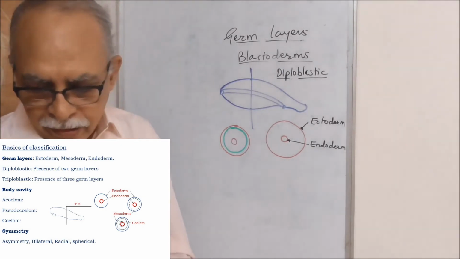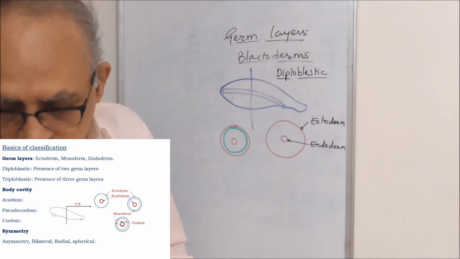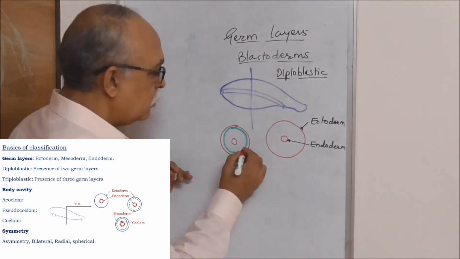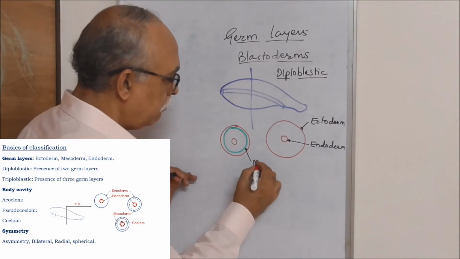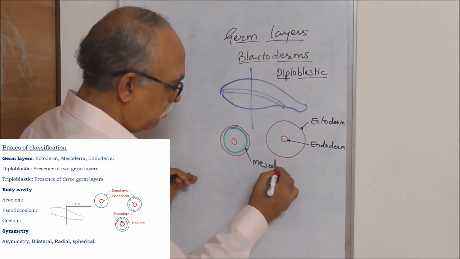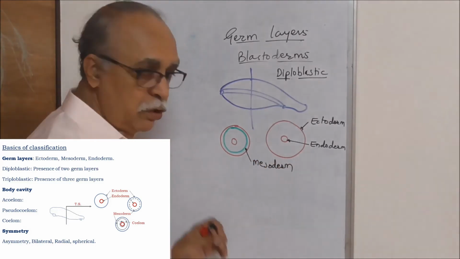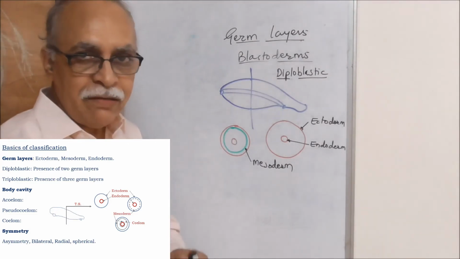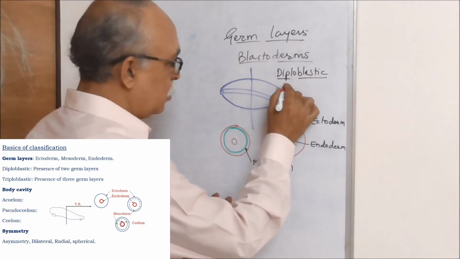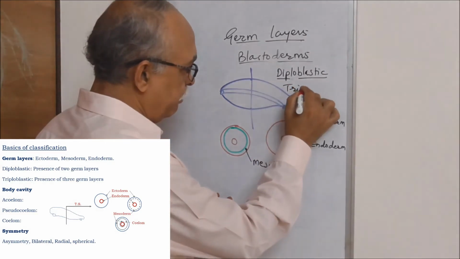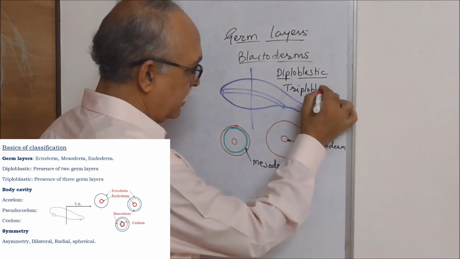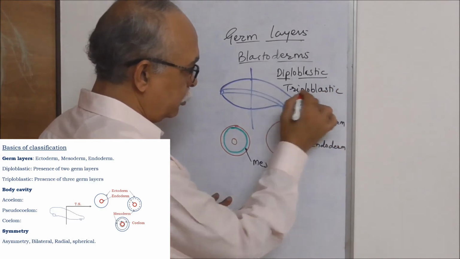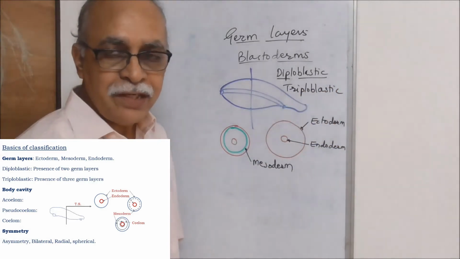That additional layer which you are seeing is called mesoderm. Meso means middle. This is another possibility. Now you're seeing three layers, so that's called triploblastic. Triplo means three blastoderms, hence triploblastic.